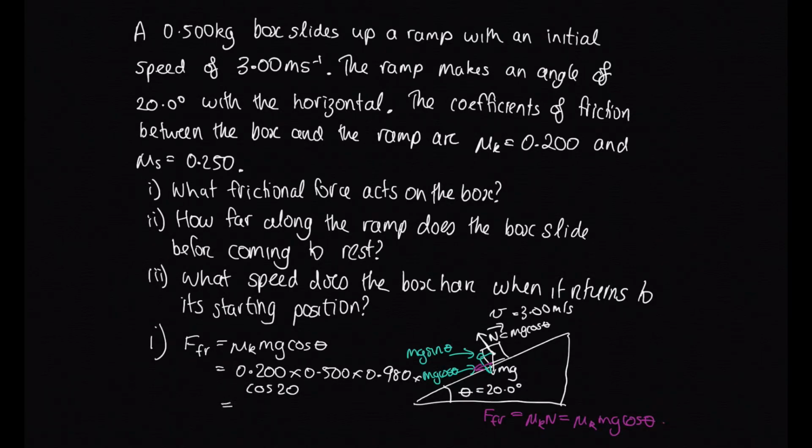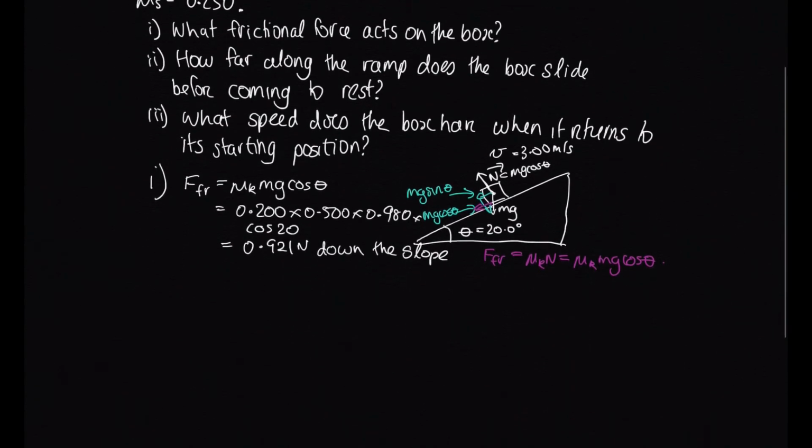So we can put all that into the calculator and we end up with 0.921 newtons. And in this case, the direction is parallel to the plane and down it. So down the slope.